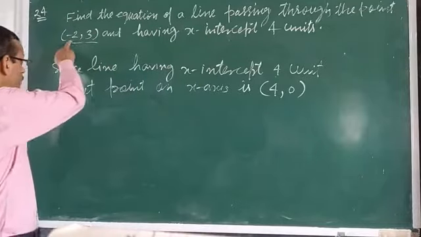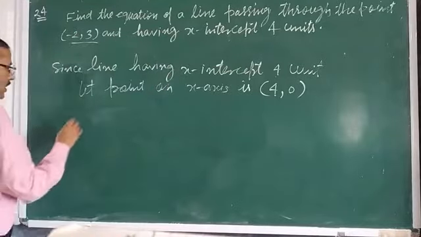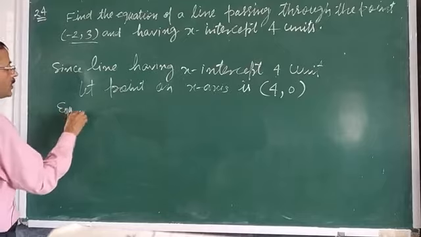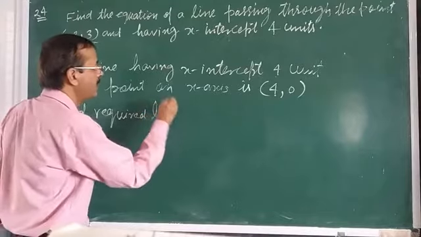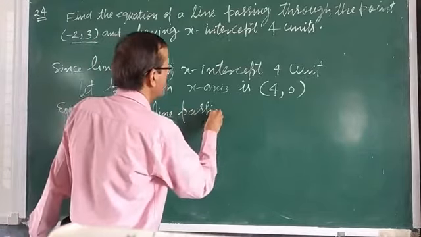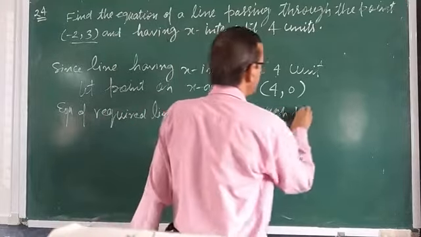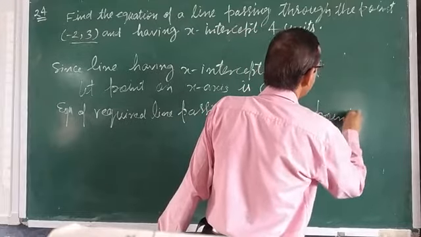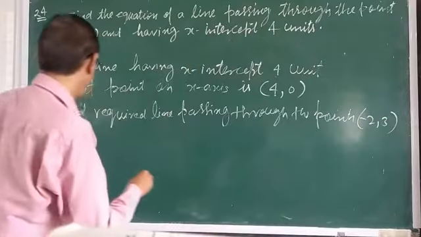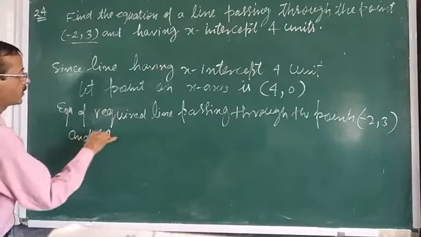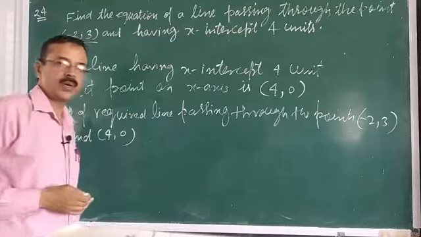So the line passes through two points (-2, 3) and (4, 0). So the equation of the required line, the line passing through the points (-2, 3) and (4, 0). If a line passes through two points, we have to use the formula.